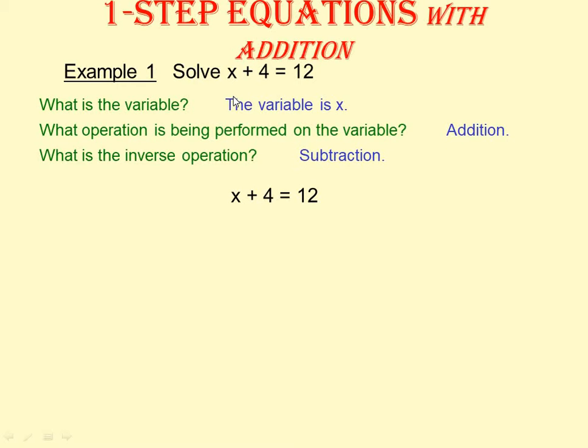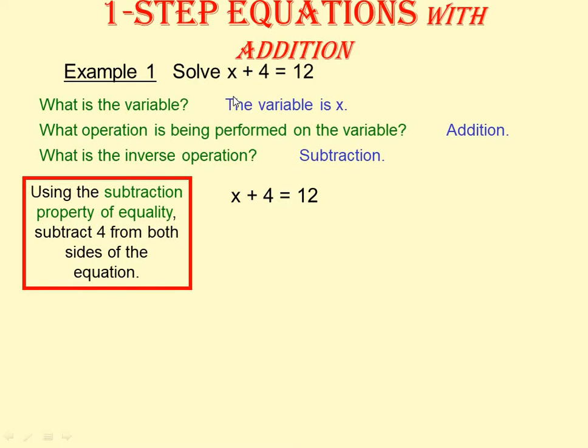So what I will do, I will subtract 4 from both sides of the equation. Why from both sides? Because it's a balance. The equation is a kind of balance between the left side and the right side. To keep this scale balanced, whatever you do here, you do here.